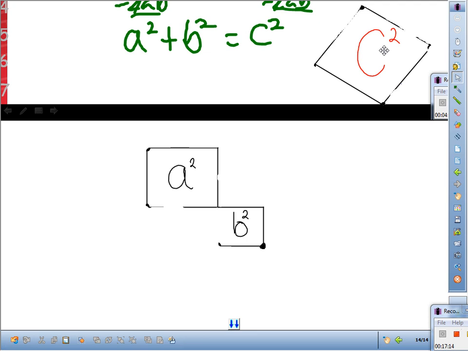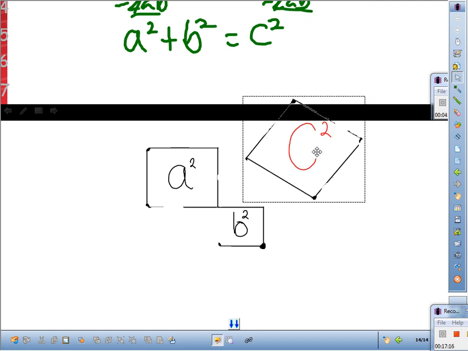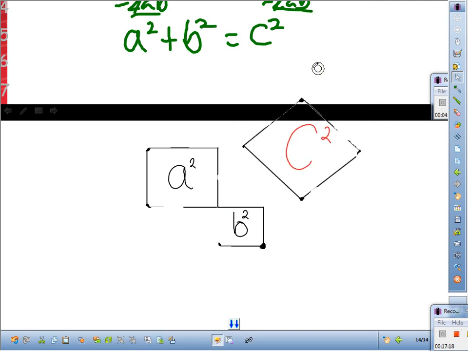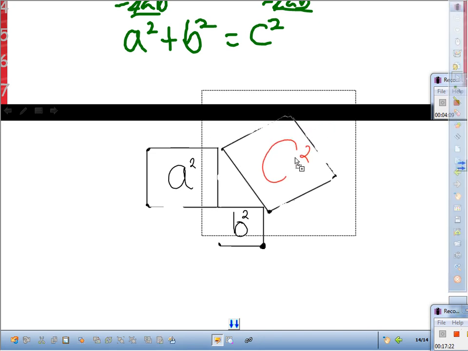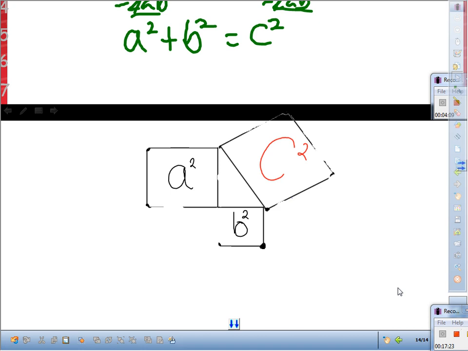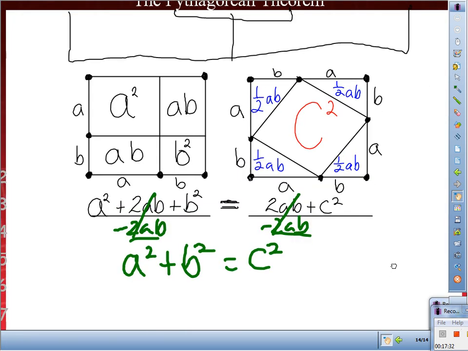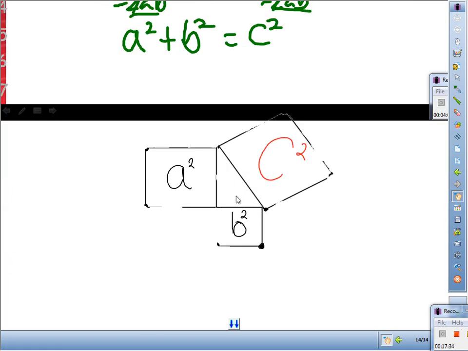Let's see. That was good, right? It goes back to the same thing that we've been working with, which is a right triangle, and it gives us a squared plus b squared equals c squared.